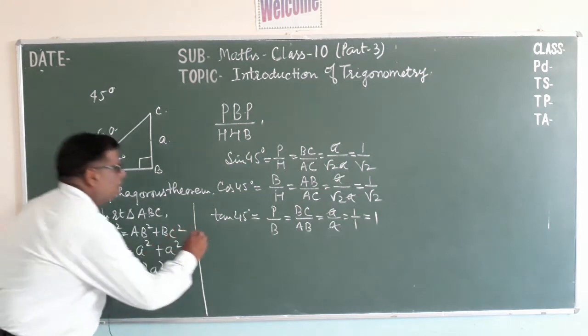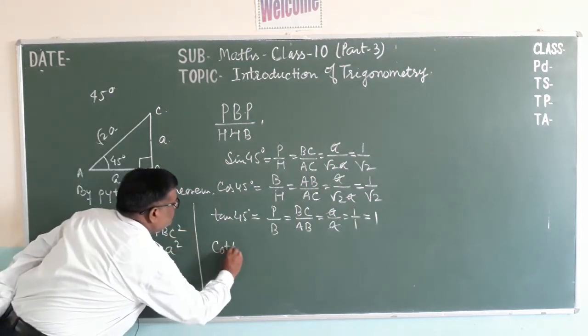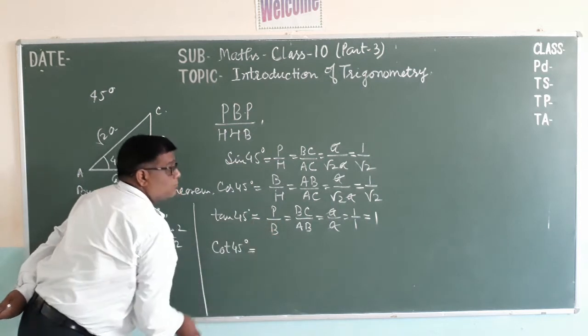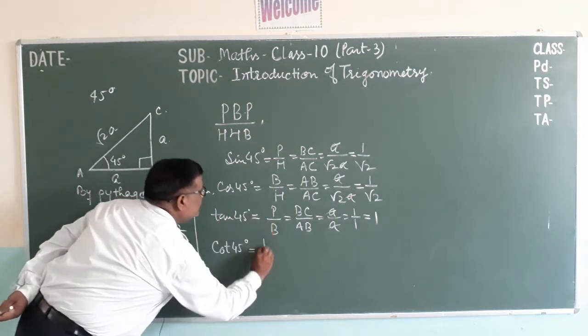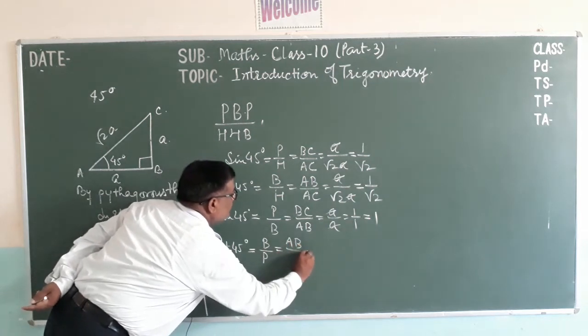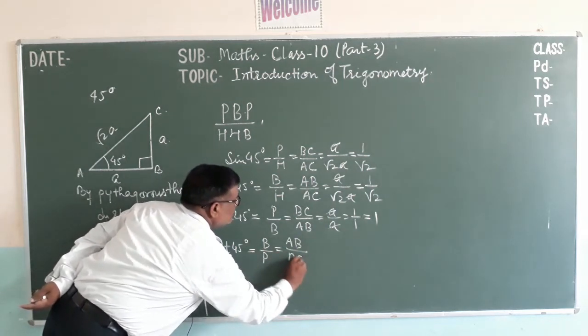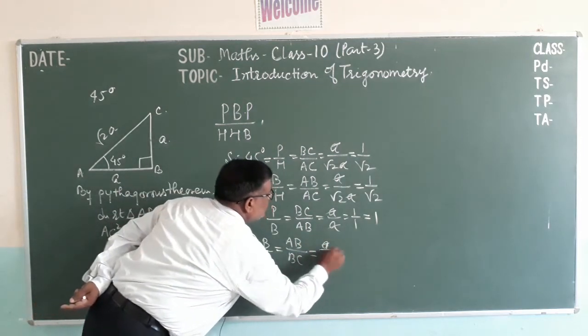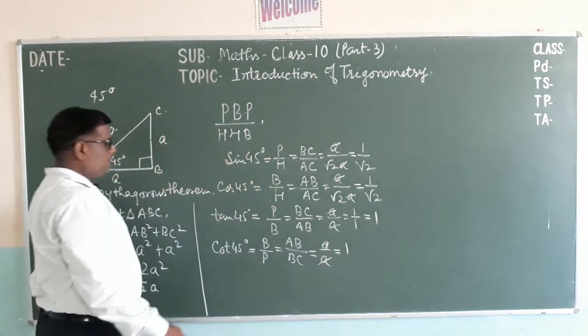Again we have to find cot 45 degrees, that is the reciprocal of tan, B upon P. Now B is AB upon P, that is BC. Look here, that is A by A. Now cancel out, this is equal to 1.